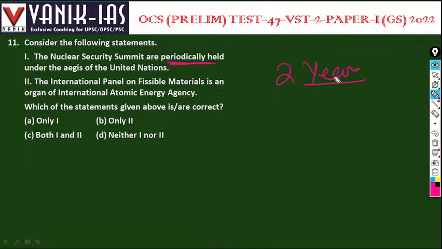And it is not under the United Nations, it is usually under the International Atomic Energy Agency, IAEA. So the first statement is wrong.